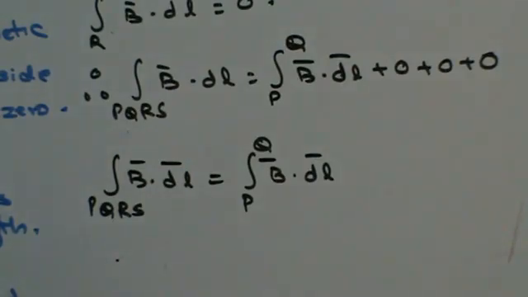Now the axis of the solenoid, that is B vector and dl, are in the same direction. Therefore the angle between B and dl has to be 0. See guys, this is the magnetic field B vector. B vector is in this direction, dl is also in the same direction, right?